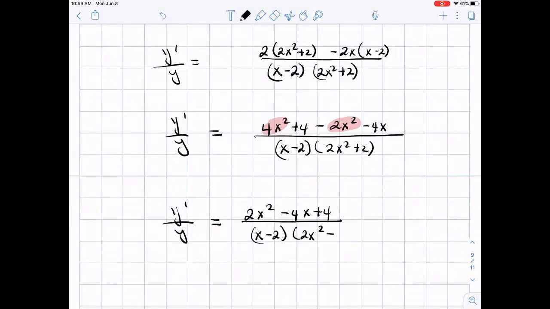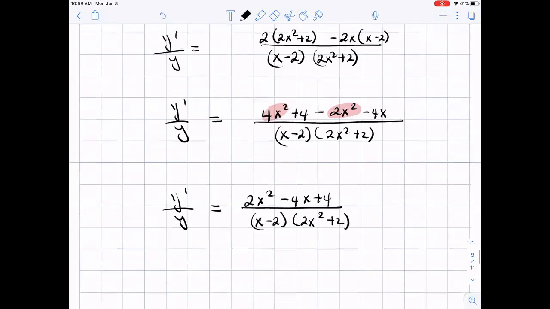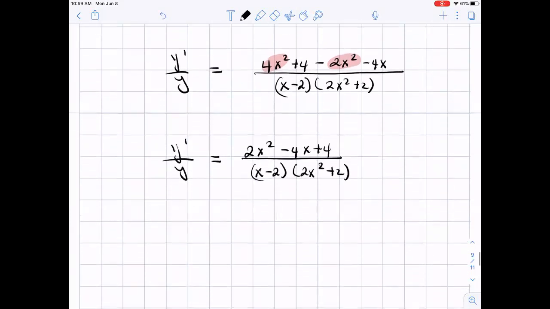2x squared plus 2. Now notice I could, if I want, factor out a 2 from the top. So this becomes 2 times x squared minus 2x plus 2. And the bottom I can also factor out a 2, we have a GCF of 2.